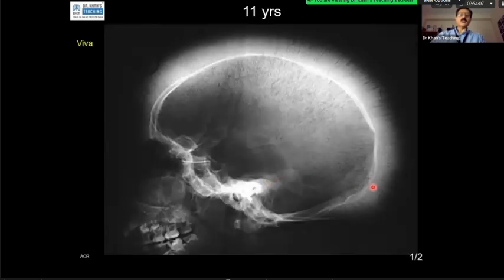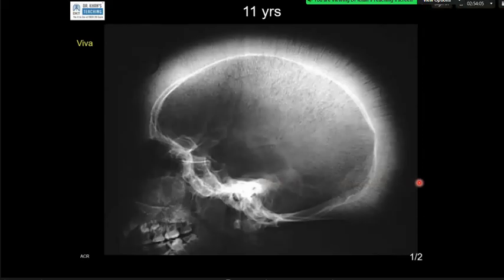Yes, madam, over to you. Describe the findings. I am presenting a skull radiograph, lateral view. I can see expansion of the outer table of the skull, giving a sun ray appearance.